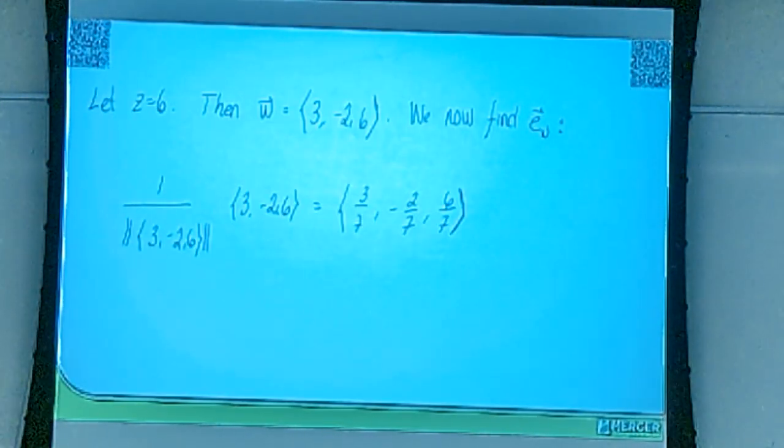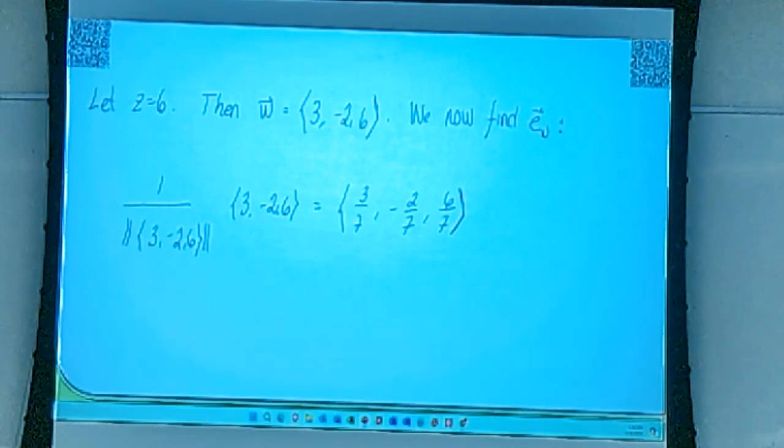This might require a bit more algebra, but you will still get that, or like I said, the opposite direction if you let z be negative. Anything else? All right, that finishes up the dot product.